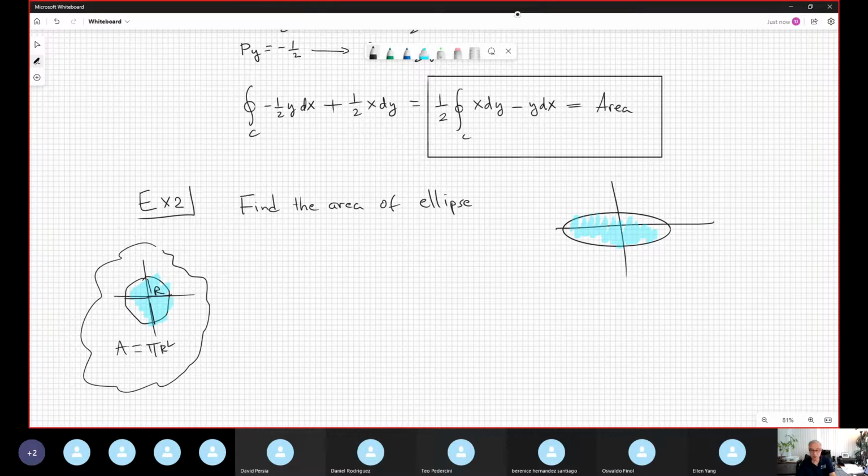Suppose the ellipse is horizontal: x squared over a squared plus y squared over b squared equals 1. You know very well from pre-calculus, this segment is the semi-major axis a, and this axis is b. And this one, I suppose, is different, because it's an ellipse.